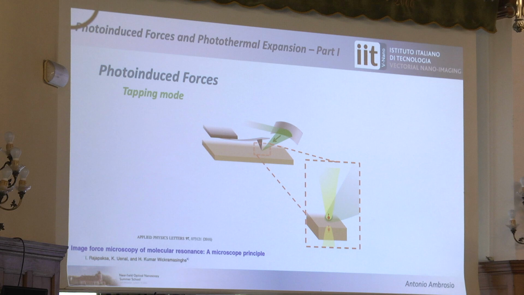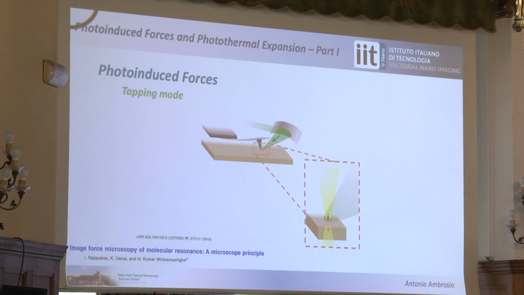Now, analogously to the description that Rainer did in the past few days, this light would locally induce a dipole in the tip. Then you can think of an image dipole in the sample. And then at this point, for scattering SNOM, you develop saying there is an effective polarizability that has the information of the tip, the sample, and the environment.